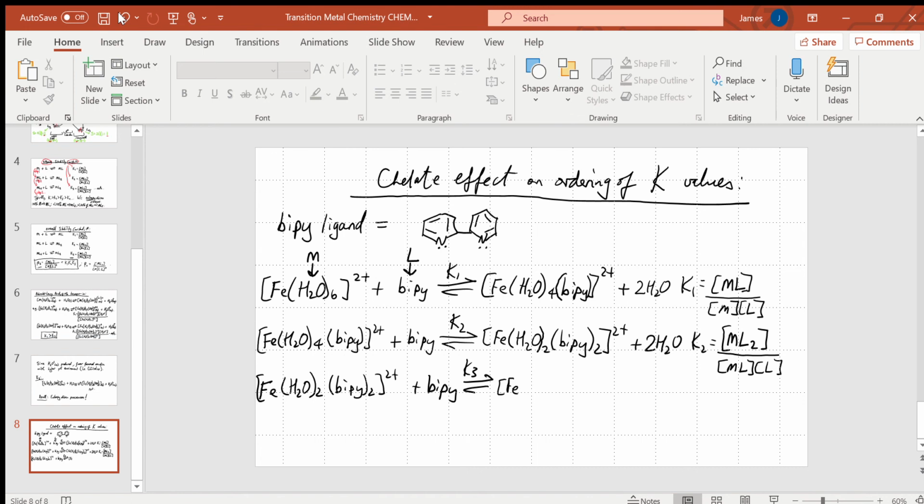We have iron now with 3 Bippy, 2 plus, and our final 2 water are lost. And now we'd have K3, which is our new product with 3 Bippy over our original product and the extra Bippy.